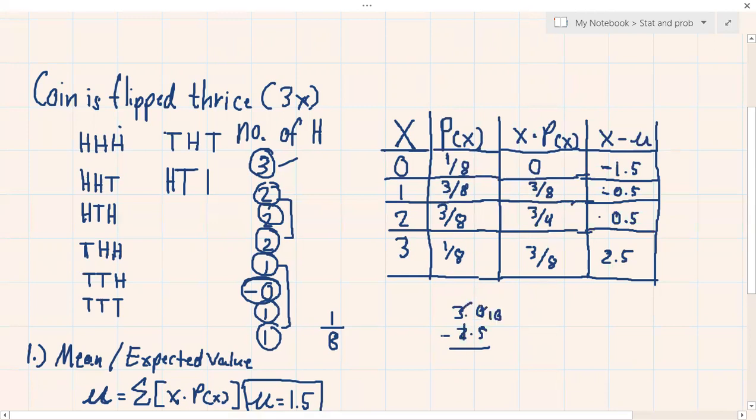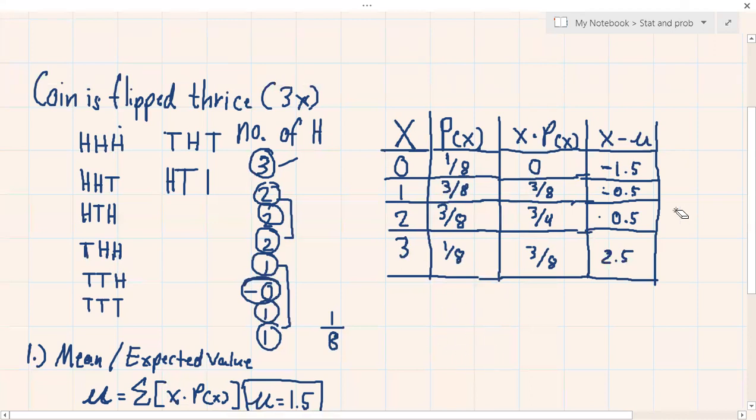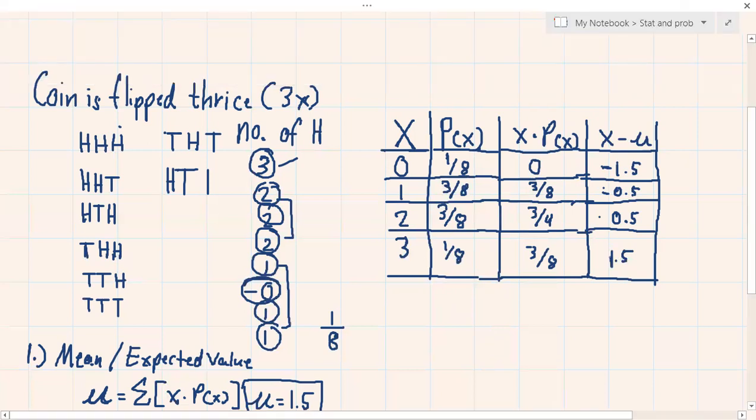Hindi, bakit 1 pala to? 1, sorry. 10, 2. So, this would be 1.5. Ayan. Ay, hindi. Mali pala ako. 1.5 pala. Sorry. This is 1.5. Ayan. Okay. So, there we go.